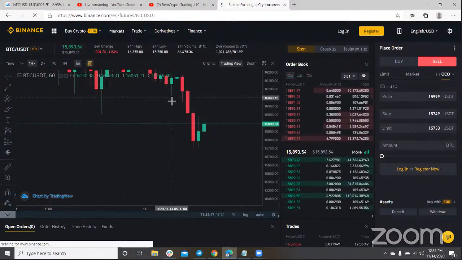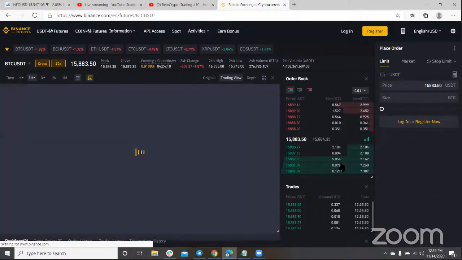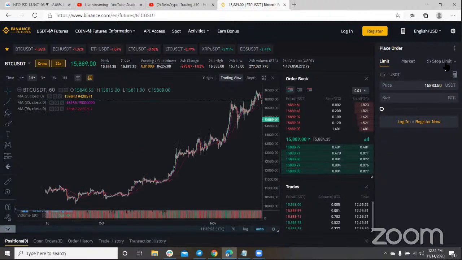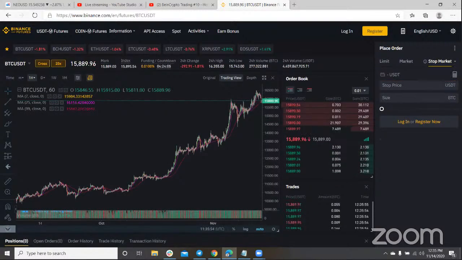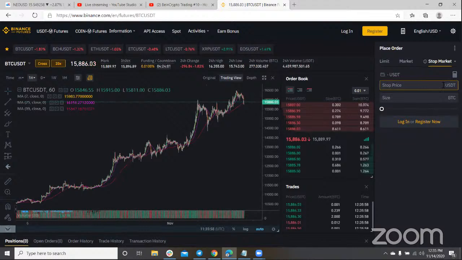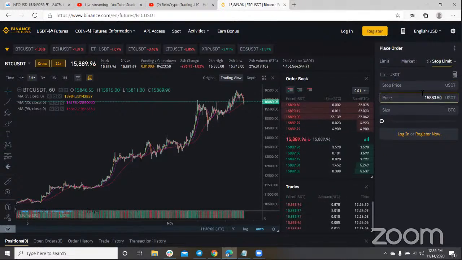Now, if you're doing futures, you can set a stop market order. Stop market order means that once the stop is triggered, it will sell at the first price it can. So basically, there is no limit order, so it's not a stop limit, it's a stop market. Stop limit is the same: you have a stop and the limit.